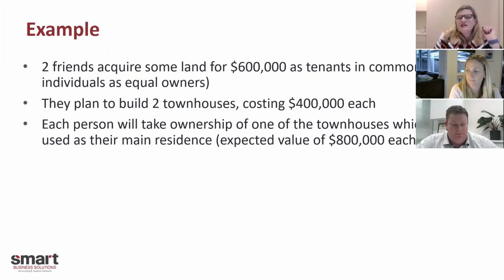So each person will take the ownership of the townhouses at the end, and it may be used as their main residence. Now, interesting on this one, a lot of people don't realise that this will actually be subject to capital gains tax in this situation, because what you've actually got is a situation where you both own 50% of each townhouse.